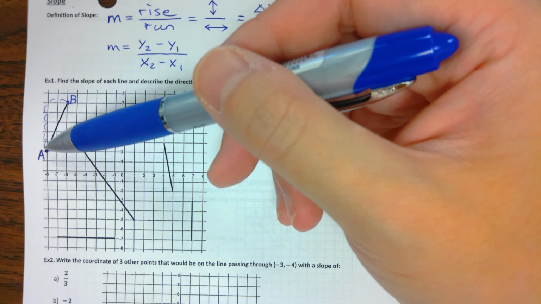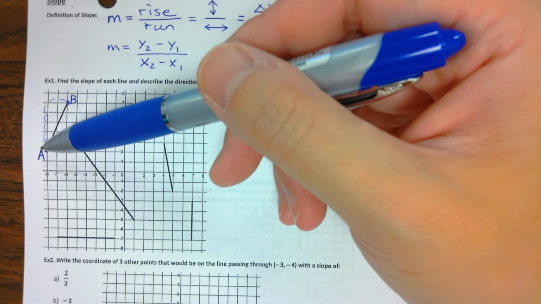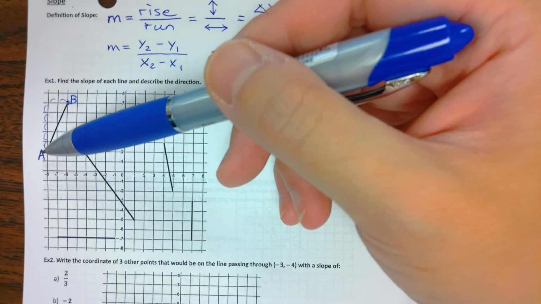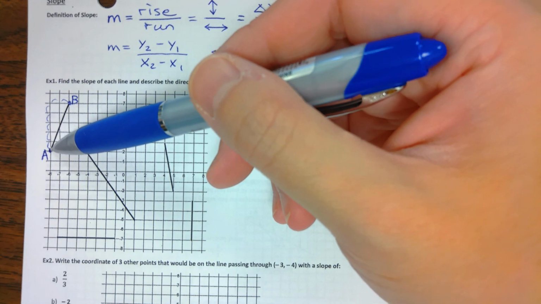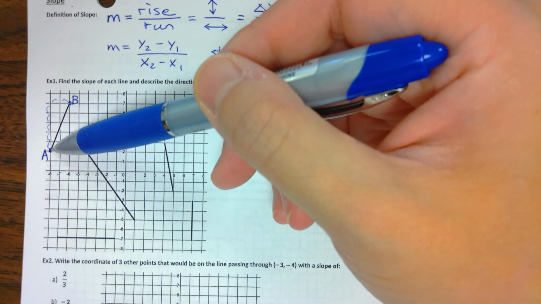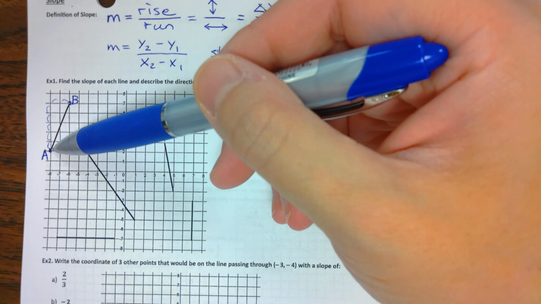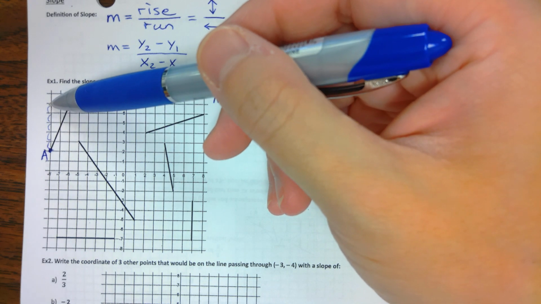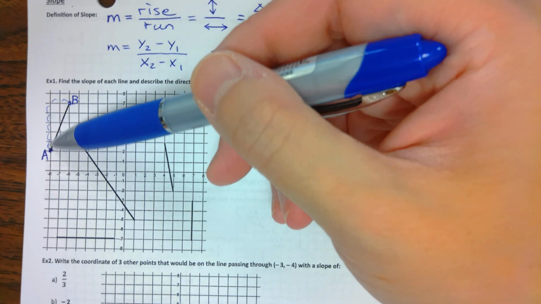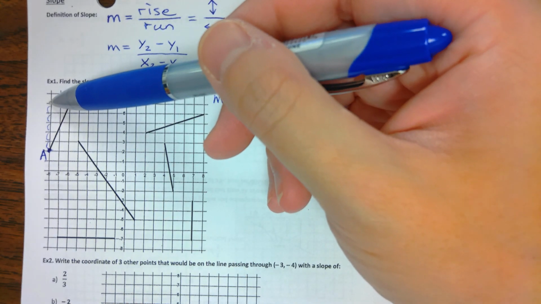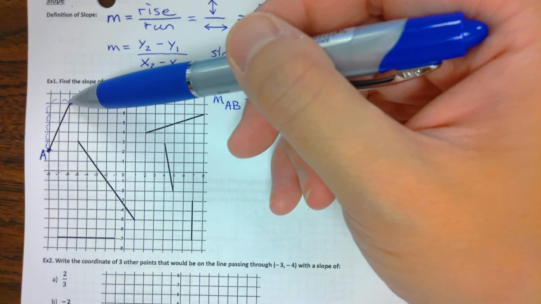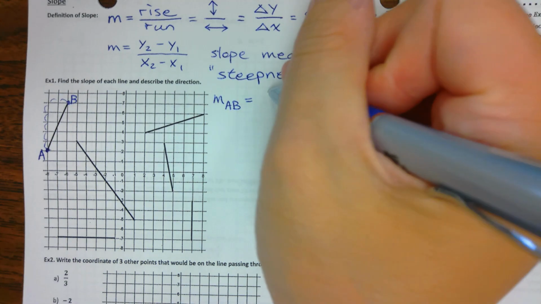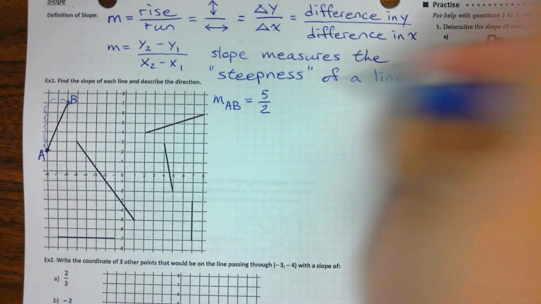What's in the apartment building? Elevator. Thank you. How does the elevator go? Up and down. So how many floors does Abby have to go up? 5 floors. So Abby has to go up 5 floors, and when she gets out of the elevator, it's 2 doors to the right. So 5 over 2.